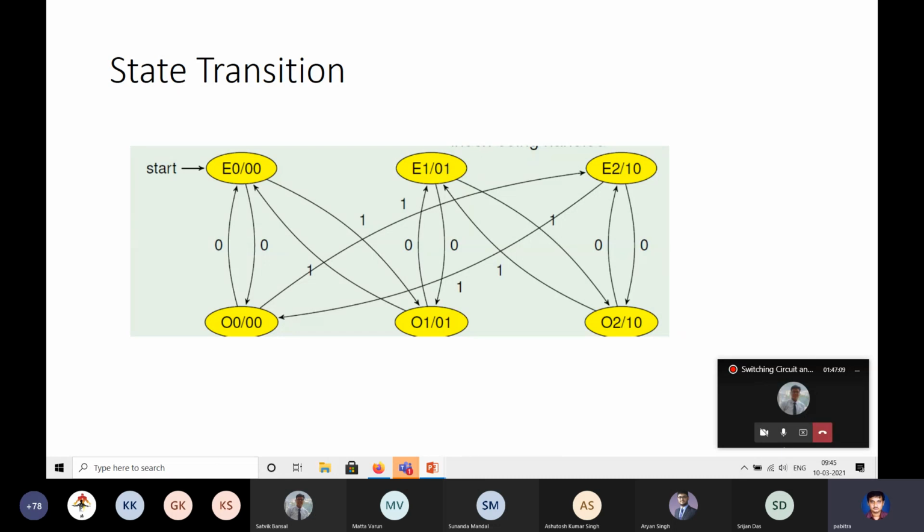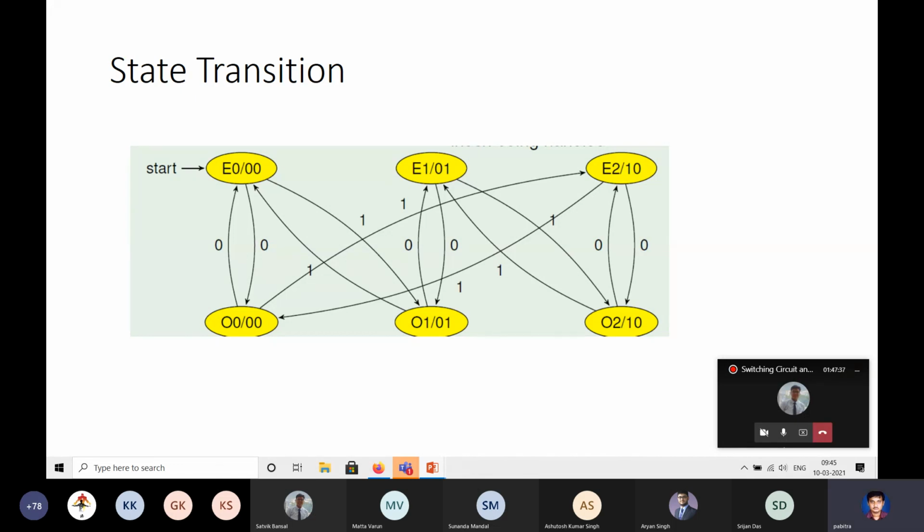So there will be 5 Karnaugh maps in total. Each will be a 4 variable Karnaugh map, 3 for the state encoding and 1 for the input. I am not attempting to draw 5 Karnaugh maps here, but you can easily draw them and find the Boolean functions and realize that.